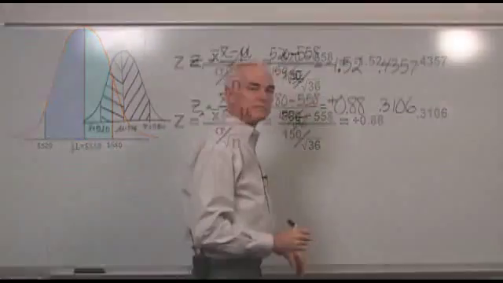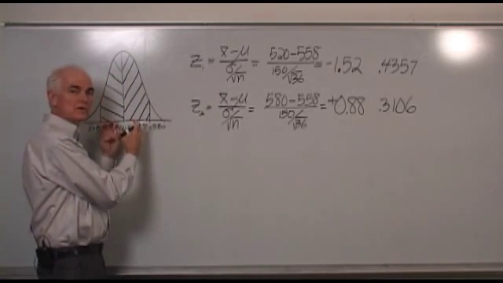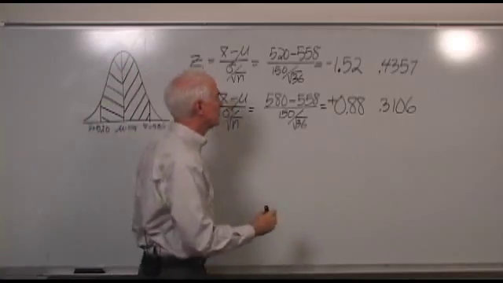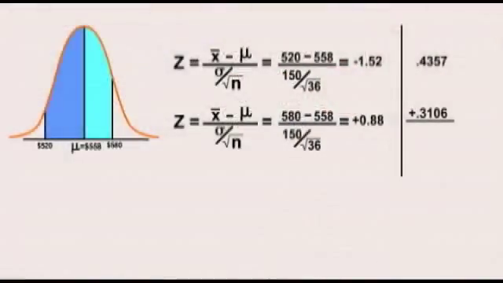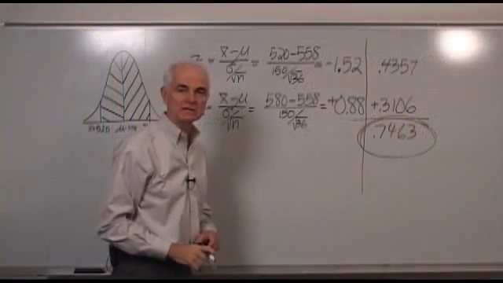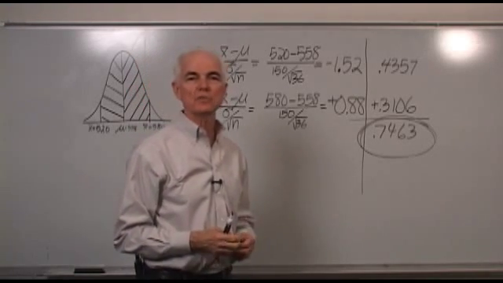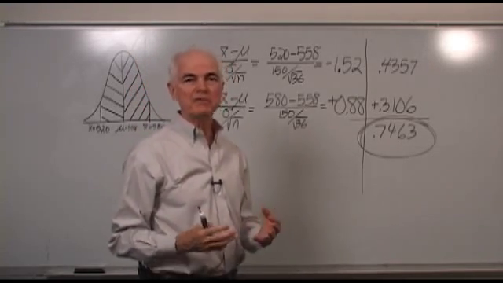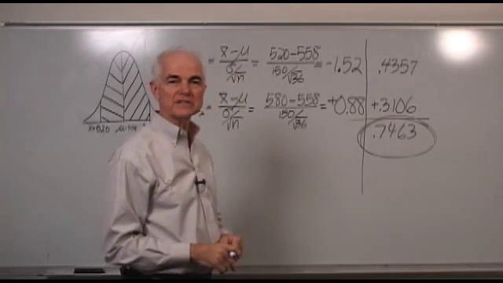Because these two areas are contiguous, lie together, and because we don't want the area outside of them, we can add them up. When we do that, we get our final answer of 0.7463. So the probability of obtaining a sample mean between 520 and 580, given a population mean of 558, is 0.7463.